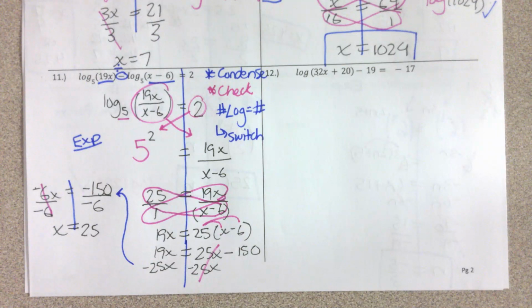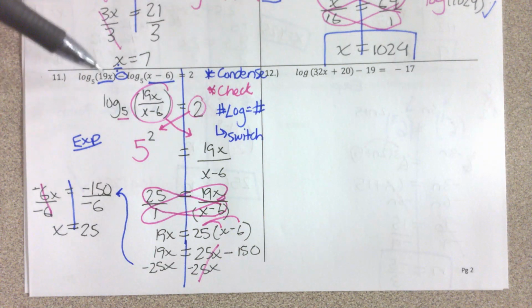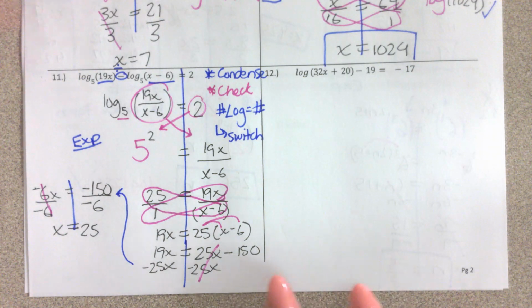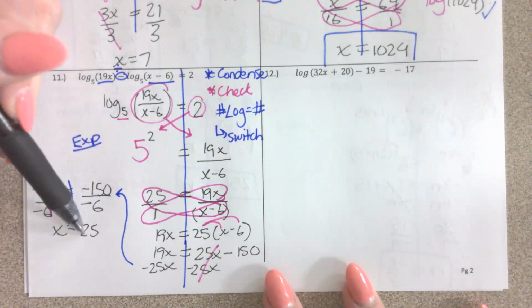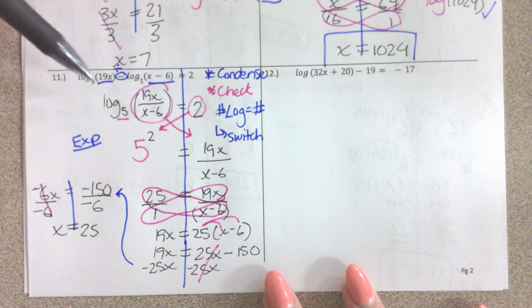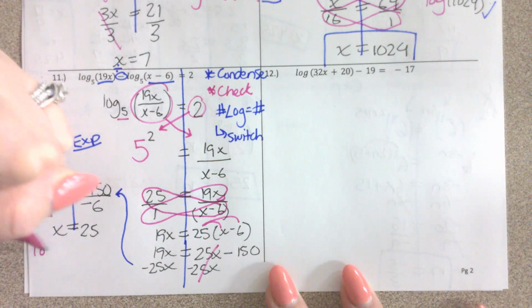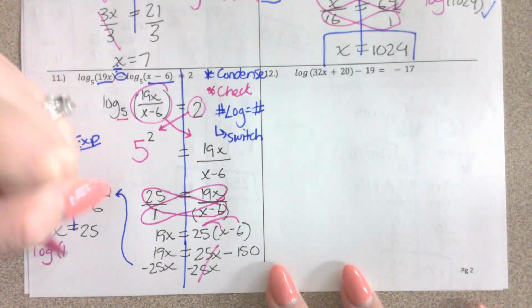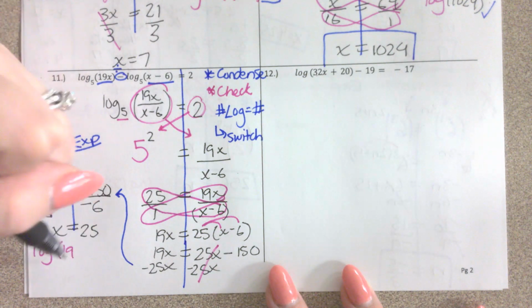And then don't forget we do need to check this one. When we condense, we do need to check. Condensing can create no solution sometimes. So I need to plug that 25 back into where I have letters. I've got 2 of them. Log of 19 times 25.